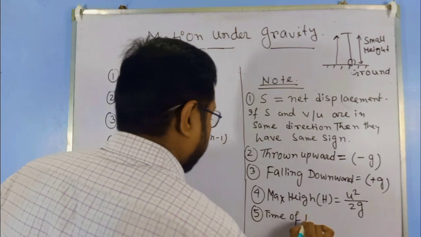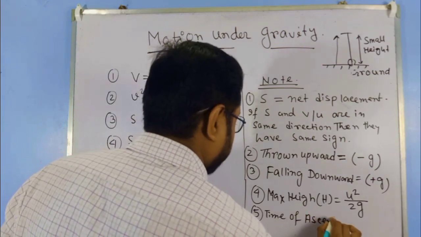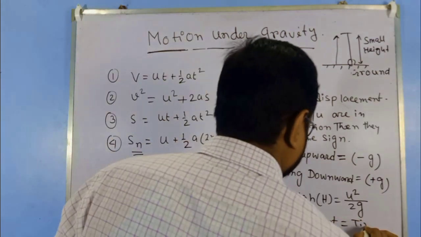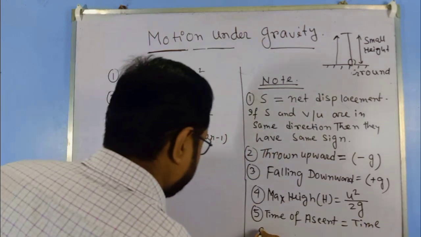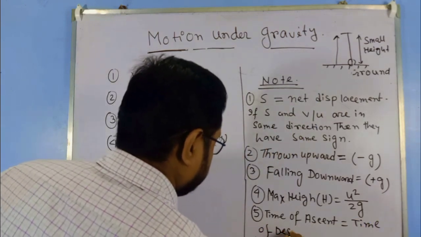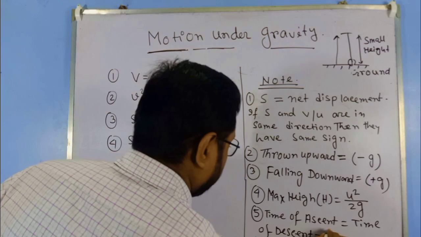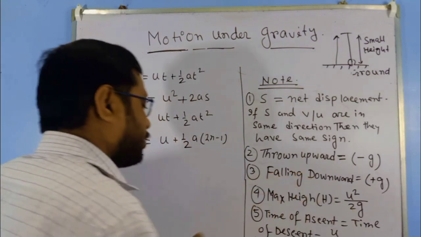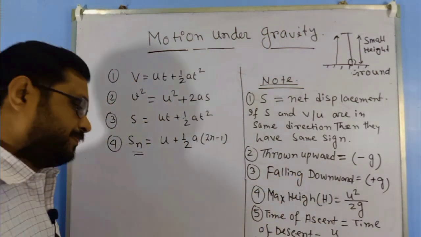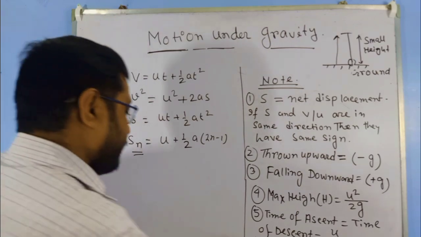Time of ascent is equal to time of descent, which is equal to u by g. Therefore the total time is 2u by g.